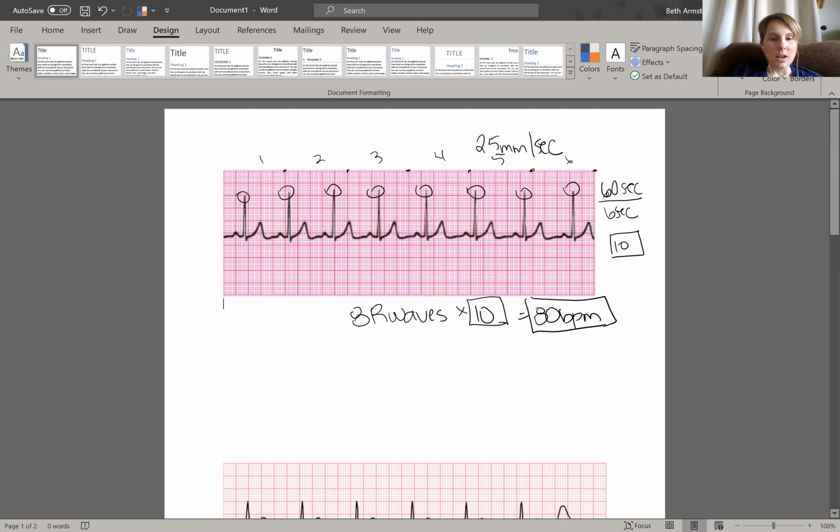Okay, awesome. Everyone good on this? So we got 6 seconds because we counted 5 boxes each, and then we got the 6 seconds.